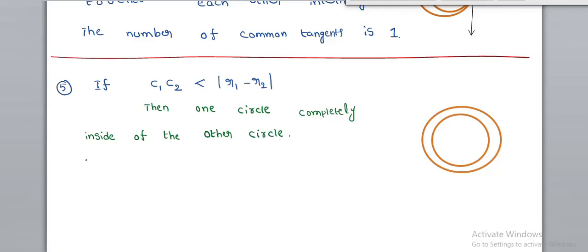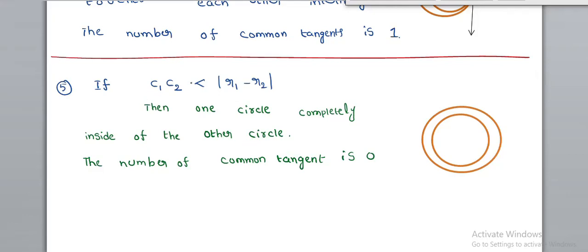The number of common tangents is 0. Okay, this is the most important.